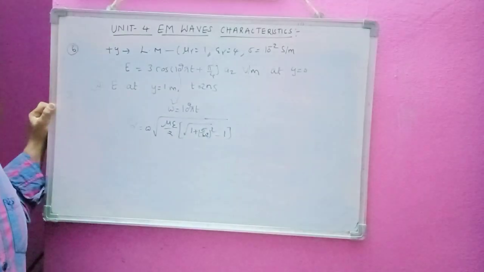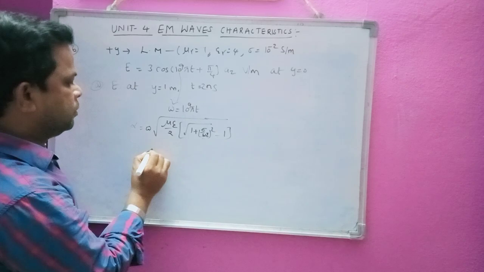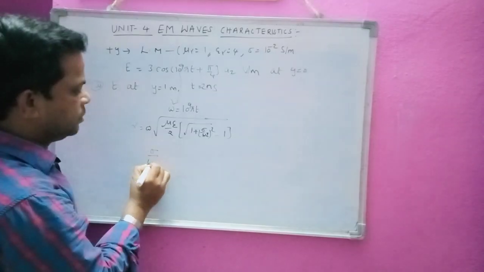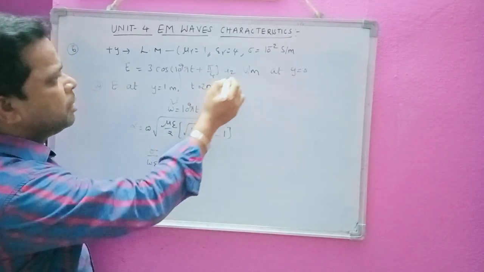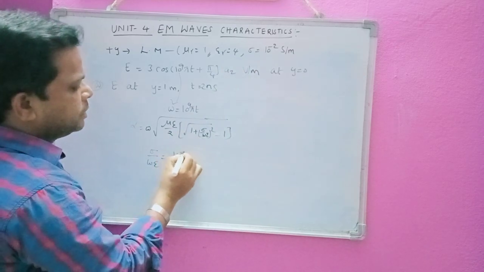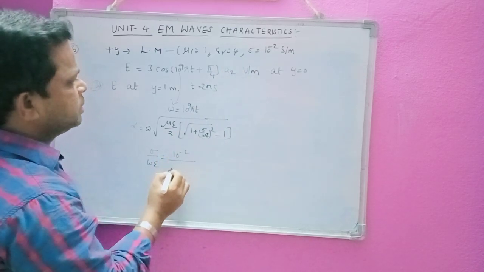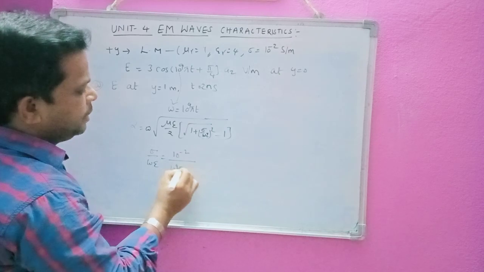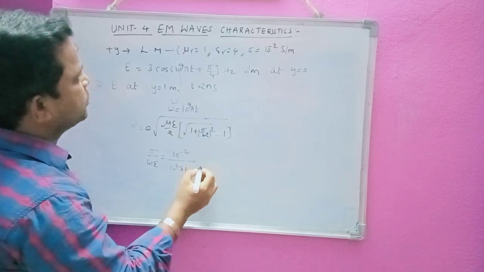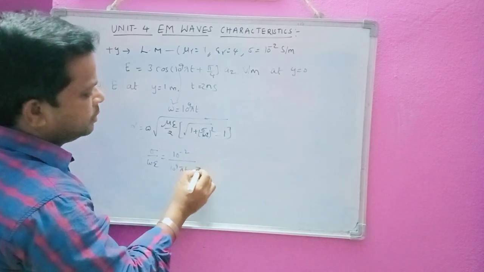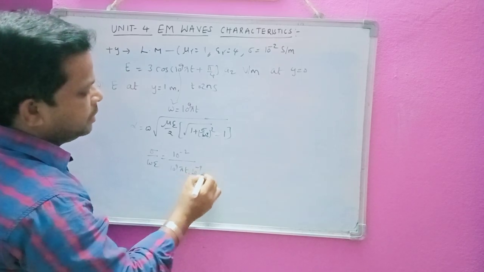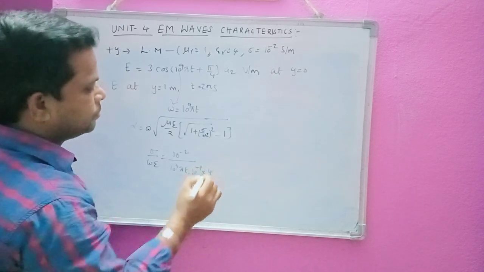Now for these values, first of all we will try to calculate sigma by omega epsilon. Sigma is 10 power of minus 2, as he has given, by omega, which is 10 to the power of 9 pi, into epsilon naught into epsilon r, that is 10 power of minus 9 by 36 pi into 4.